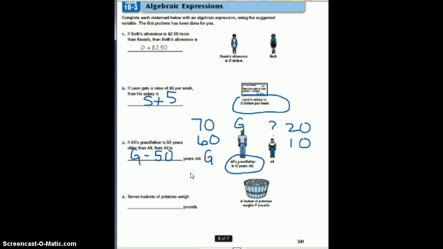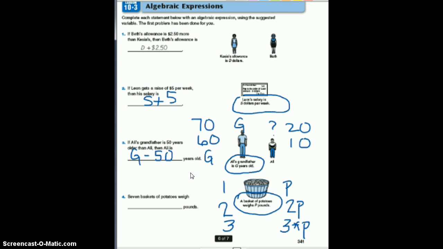Moving along, number 4, 7 baskets of potatoes weigh how many pounds? Well, if we look over here, one basket weighs P pounds. So if I have one basket, that weighs P. If I have 2 baskets, that would weigh P plus P, or 2P. If I have 3 baskets, that would be 3 times P, or 3P.